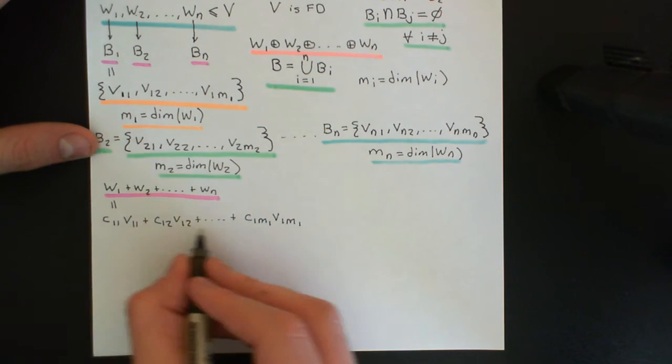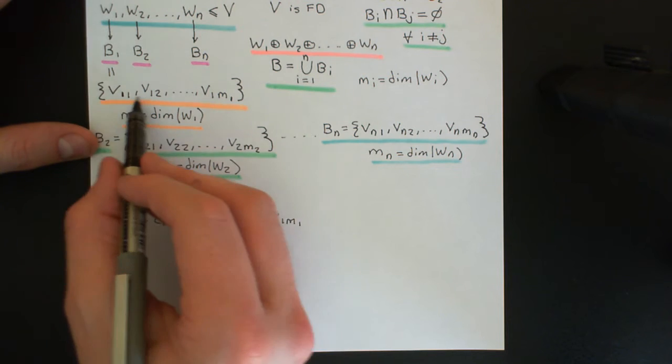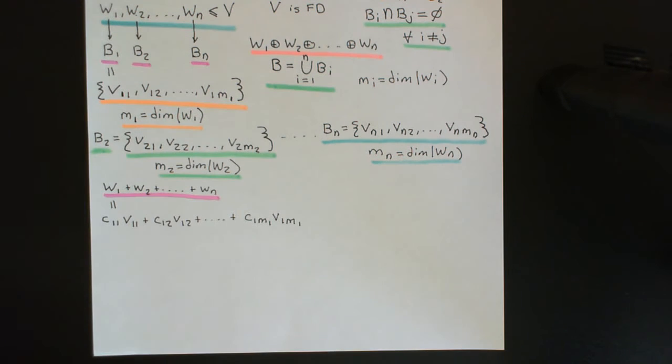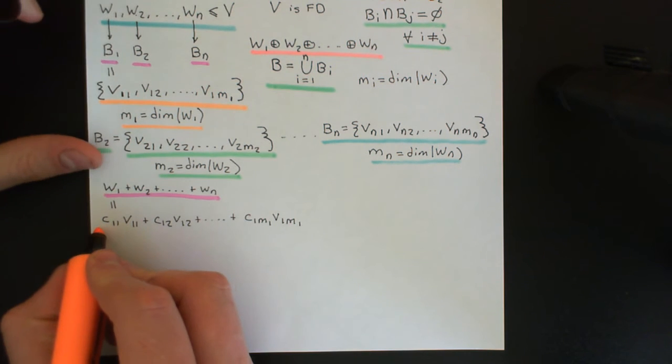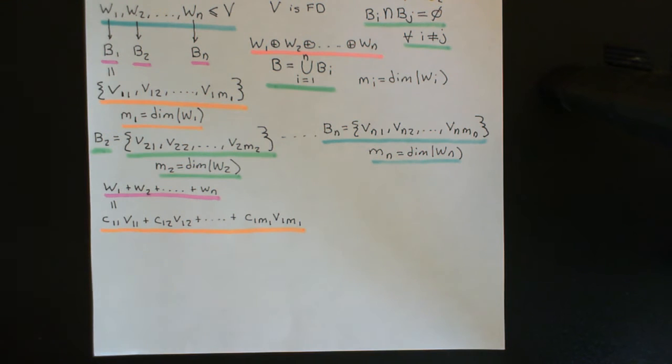Remember, this may look horrendously complicated, but this is just saying I can write little w1 as a linear combination of these basis vectors, which of course I can do because that is after all the basis of capital W1, and little w1 is just an element of capital W1. Okay, so there's little w1 done.